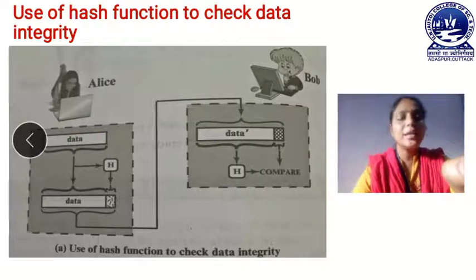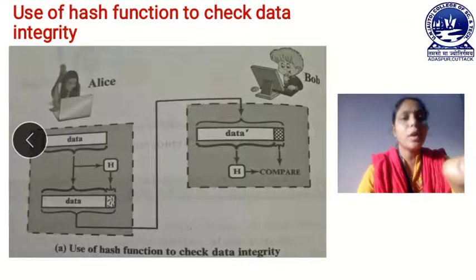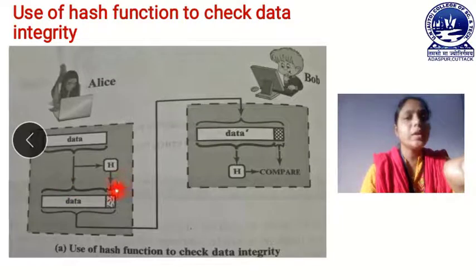Alice takes this message and generates the hash value h from this data or plain text. After generating the hash value, Alice appends the data with the generated hash value. After appending this data and hash value, she sends this to Bob.